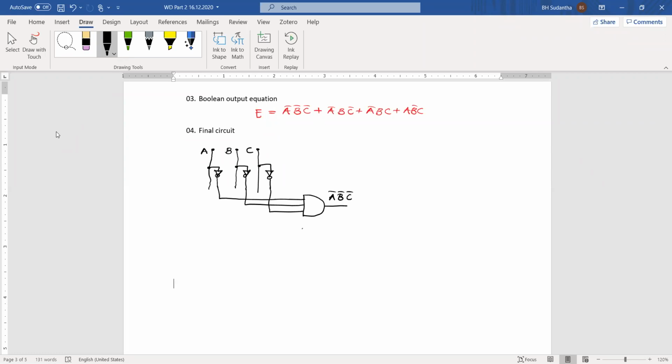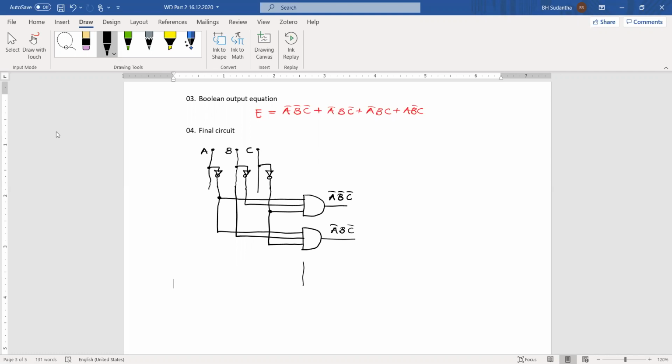For the next term, again we need a 3 input AND gate. A bar is here. Then we need B. We can take B from this point. When B is here, then we need C bar. A bar, B, C bar.